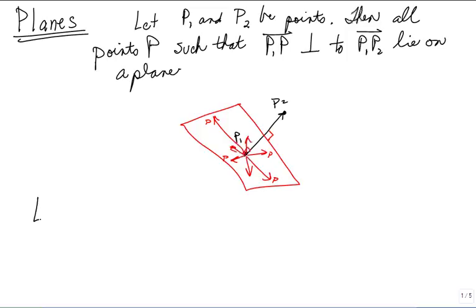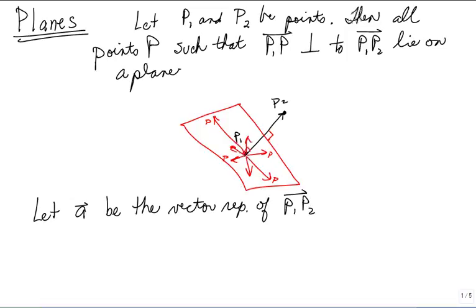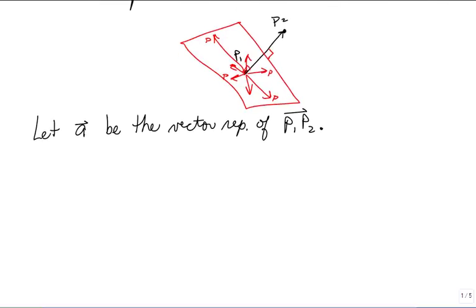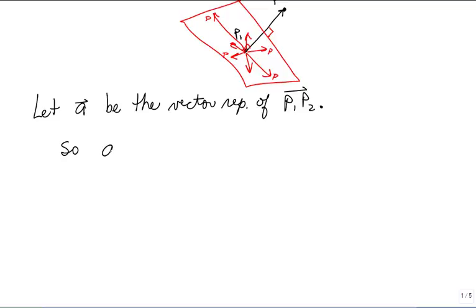So we're going to let A be the vector representation of P1P2, and since that's perpendicular, their dot product has to be 0. So A dotted with P1P has to equal 0, since A is orthogonal to P1P.